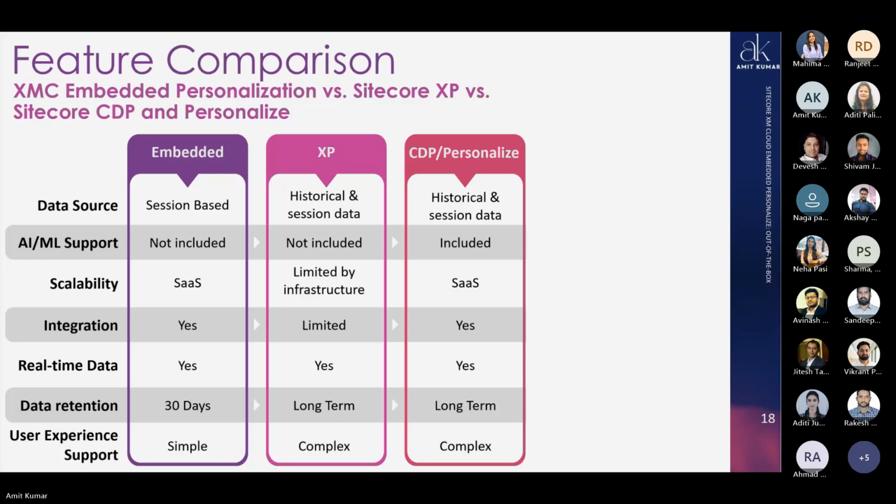Okay, so coming to the data retention factor, embedded personalization can only store up to 30 days, whereas XP and CDP personalize can store for a long period. And lastly, the user experience support is very easy for embedded personalization. And for XP and CDP personalize, we need to configure some more details accordingly. So it's a bit more complex as compared to embedded personalization.